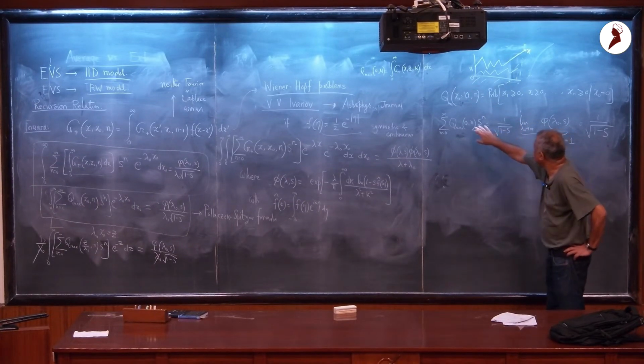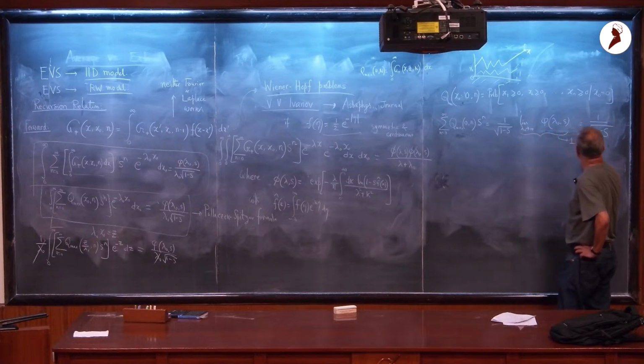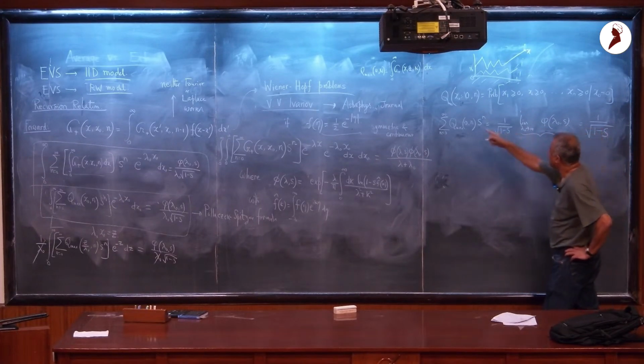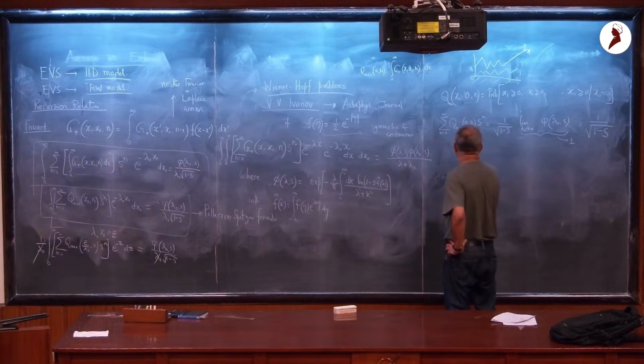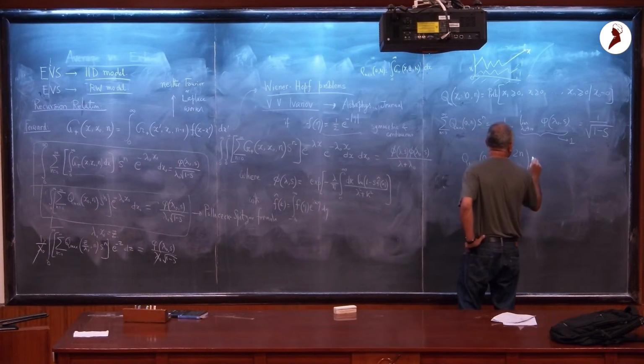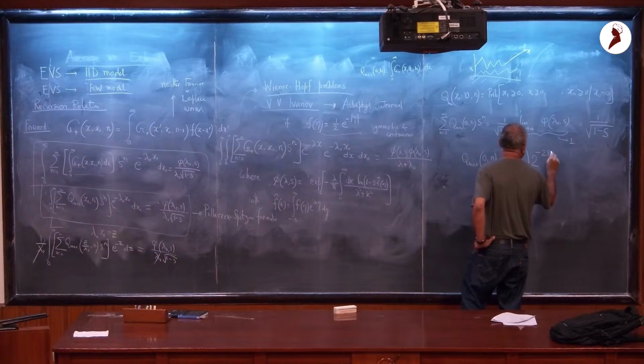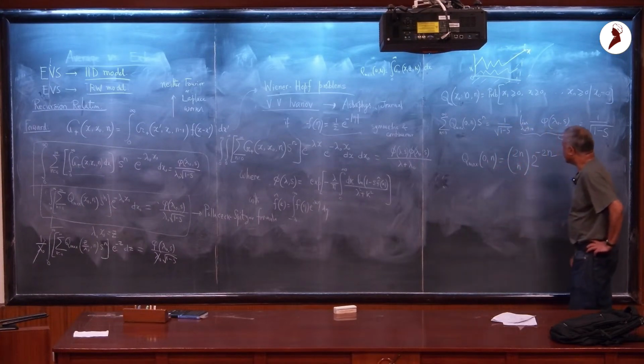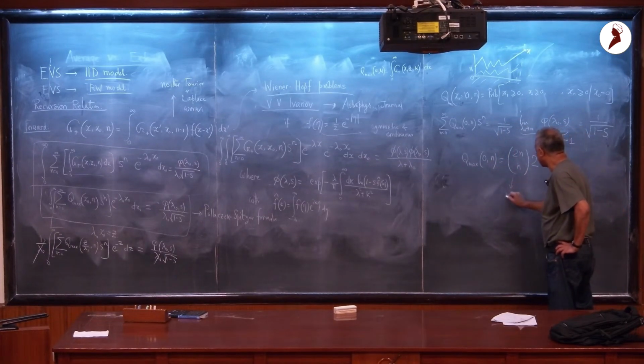You just have to expand this right hand side in powers of s and compare the coefficients. Then you get this very beautiful result, which says this is universal. Note that I have not assumed large n. It's true for any n.